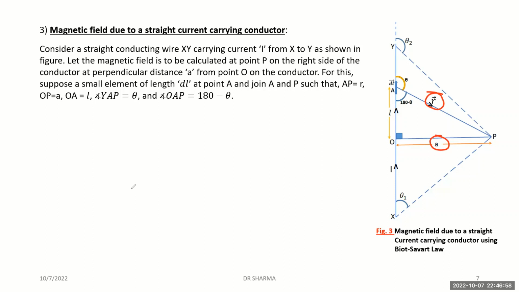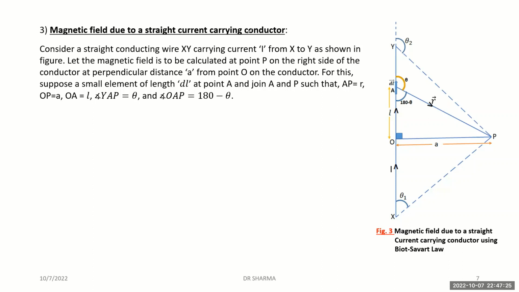That is, AP is equal to r and OA is equal to l. And angle YAP is equal to theta, such that angle OAP is 180 minus theta.